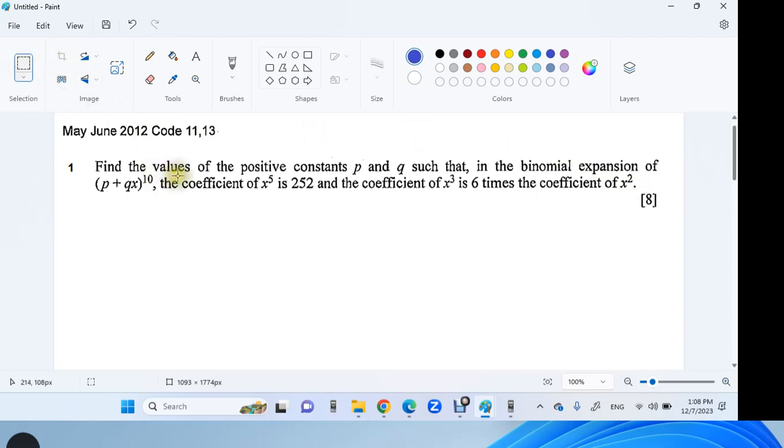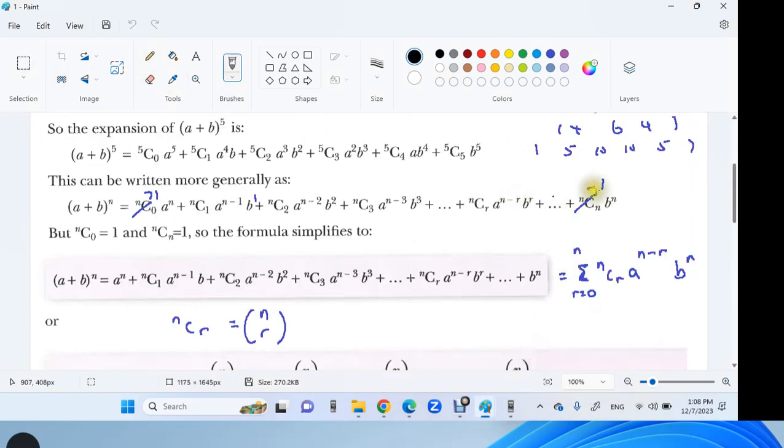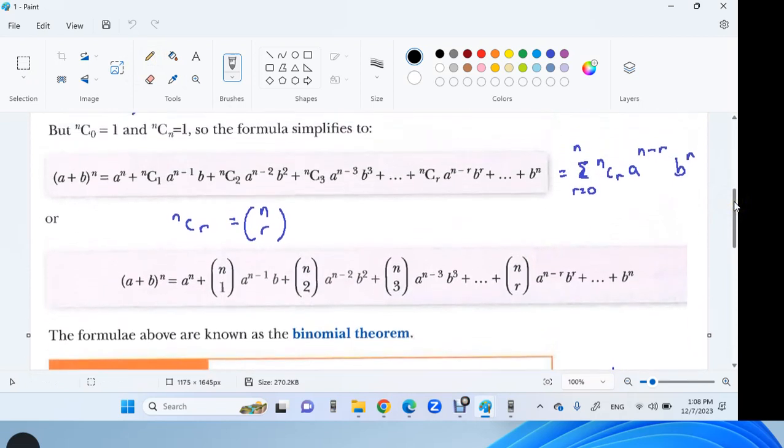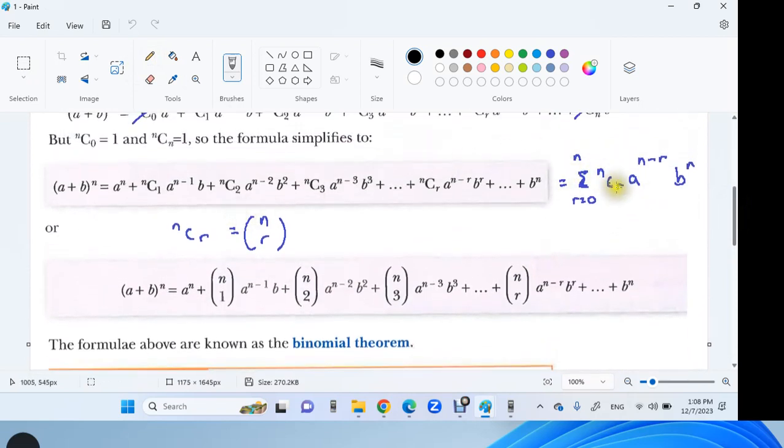So now we look at the coefficient of x to the power 5 first. For binomial expansion, we know that it is nCr, the term in front to the power of n minus r, and the term behind to the power of r.